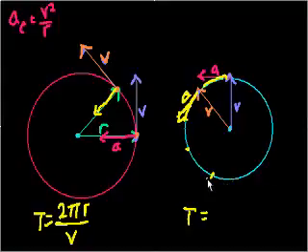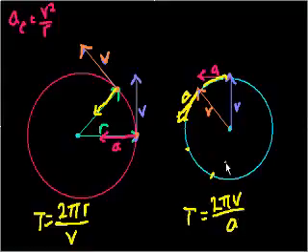And what's the circumference of this circle? Well, the radius of this circle is the magnitude of the velocity. So it's 2 pi times the velocity. And so what is the amount of time it takes to do one revolution? Well, it's the total change in velocity, and that's 2 pi times the magnitude of the velocity, divided by acceleration.